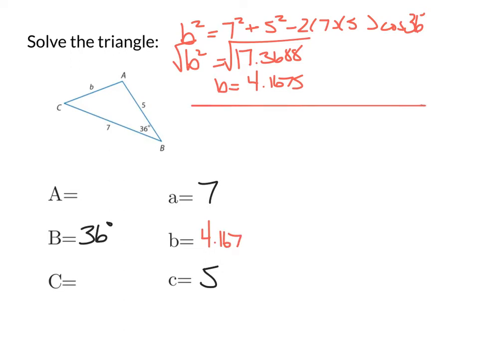Once I have this pair between angle B and side B, now we can shift over to using law of sines. That the sine of B, 36 degrees, is related to B in the same way that the sine of either angle is related to its side.